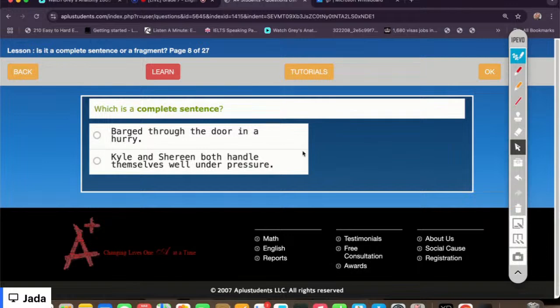Barged through the door in a hurry. Kyle and Shireen both handled themselves well under pressure. What's the complete sentence?